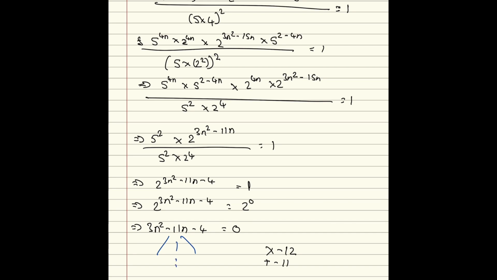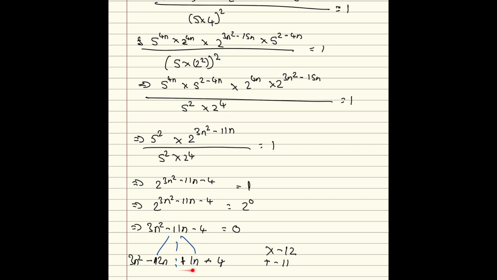So I want to split this into 2. So then I have negative 12n plus 1n, and I've got to take away 4 this side, bringing that down here, and 3n squared, bringing this down here, and this one here.